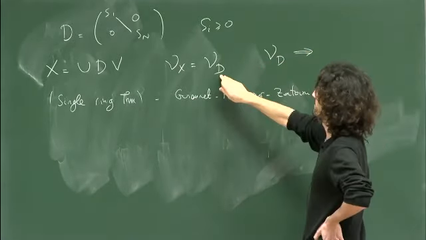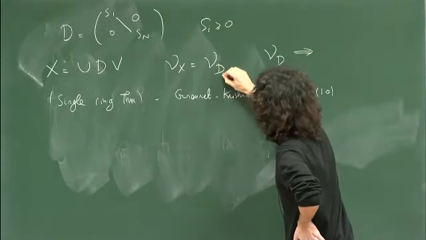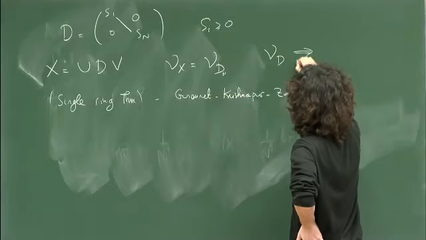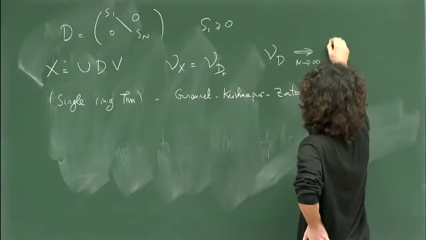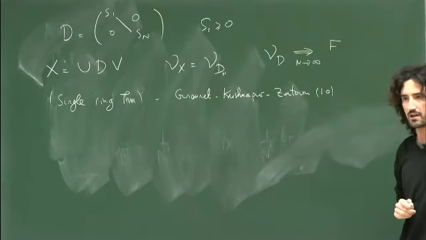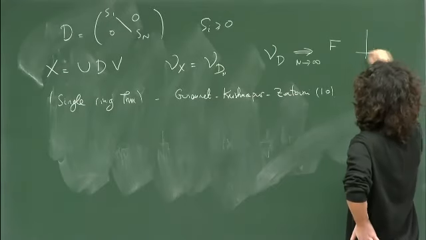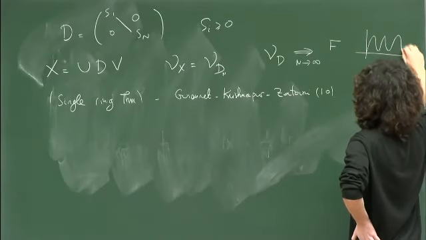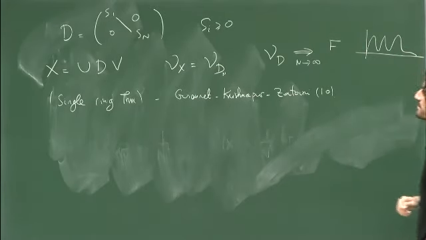You take a sequence of matrices. Again, everything depends on n, but when n goes to infinity, the singular values converge to a limit probability measure F. It can be, I don't know, like that. This is my limit measure F.